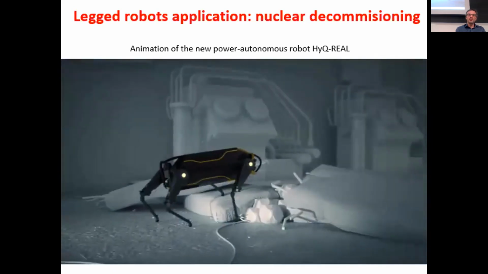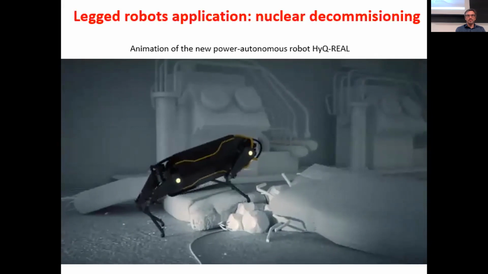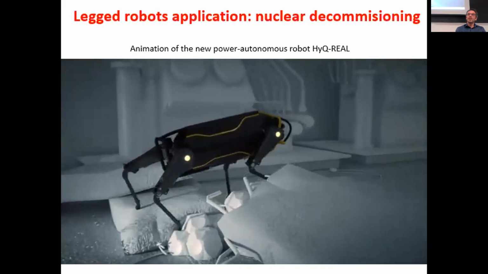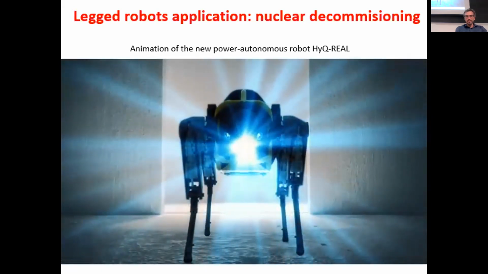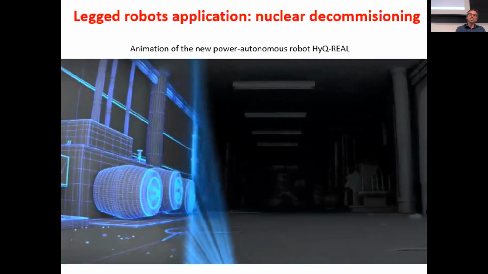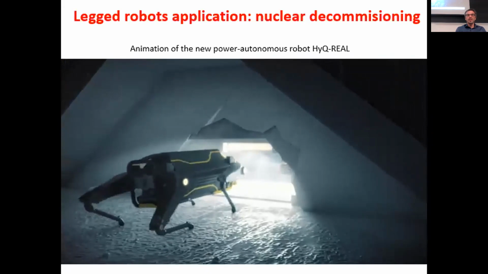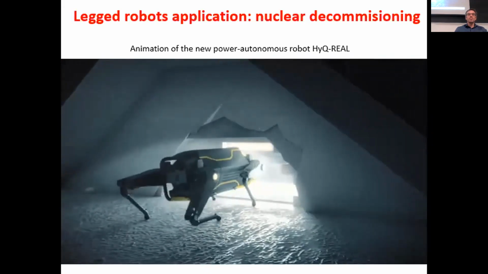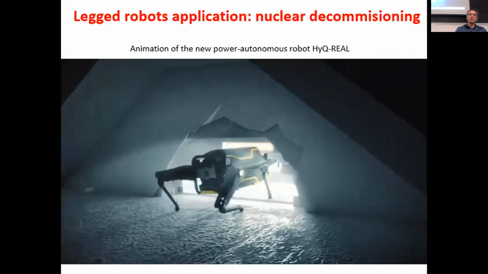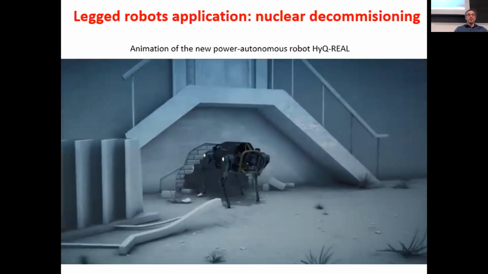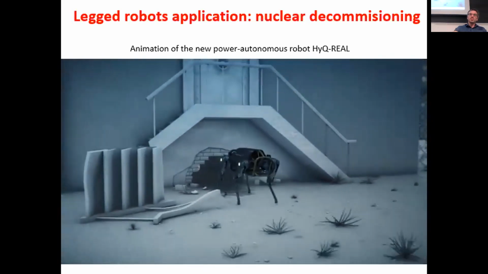Think of a radioactive environment or a Chernobyl situation, wherever you have an old plant with still some radiation, and the robot needs to go there, make a map of the environment, and there are some holes, needs to walk belly down to get through the holes and be able to perform some operation with some arms. If you mount some arms on the robot, it becomes a centaur. It can do manipulation, collect samples, remove radioactive material.